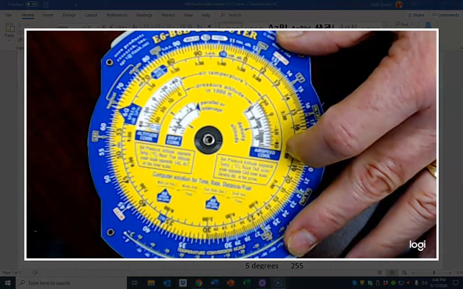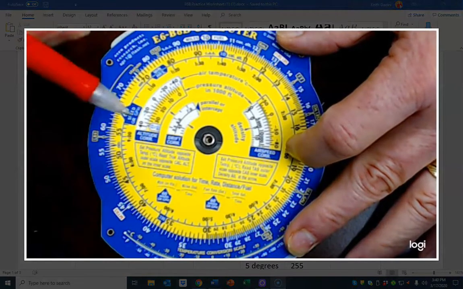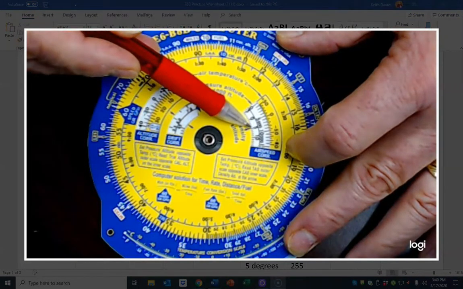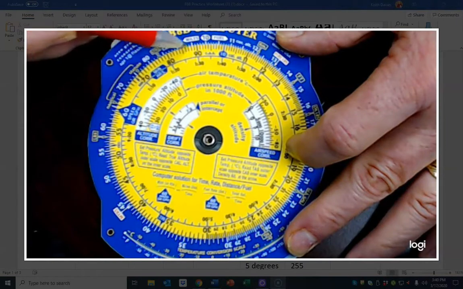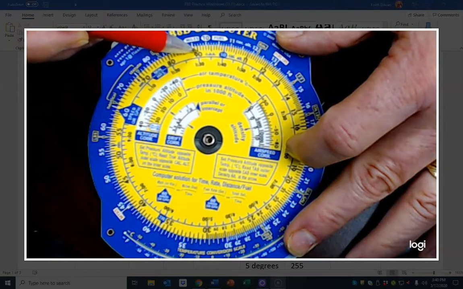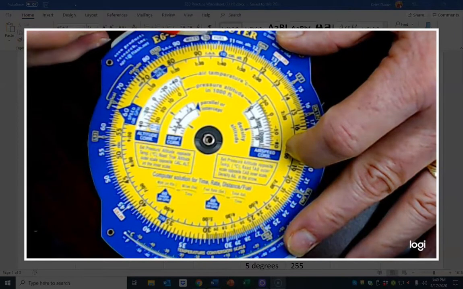Okay, so I don't move the scale at all once I match up and get my DA at 4,900 here. So I go around to the B scale, and there's my 95 knots, halfway between 9 and 10. And then I read the outer scale, there's 102 knots right there. So if I'm indicating 95 knots in the cockpit, then I'm actually going 102 knots through the air.